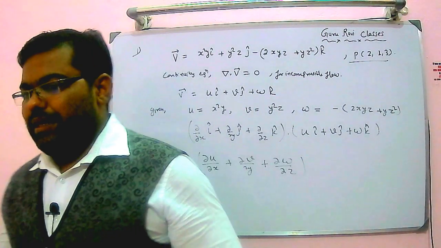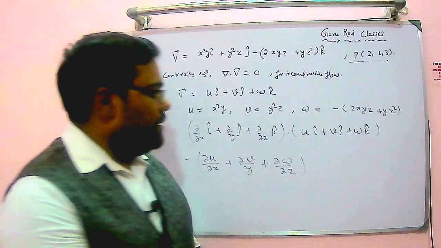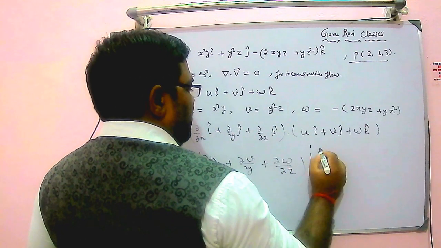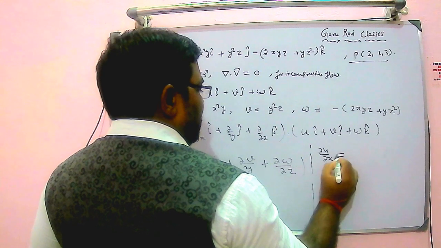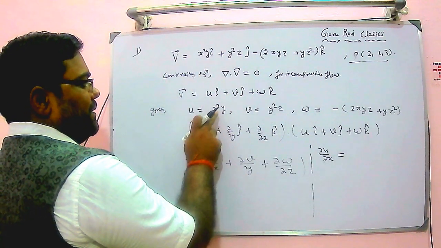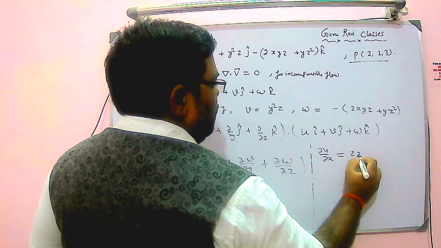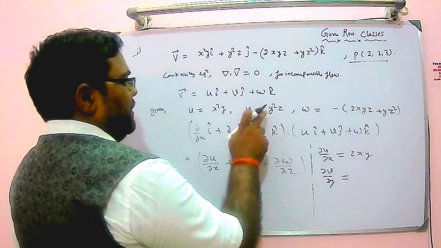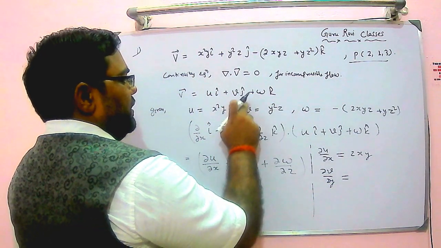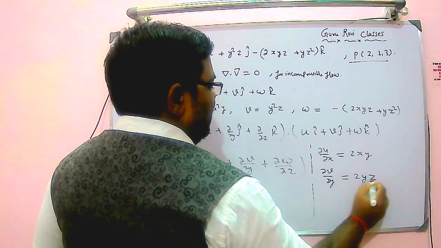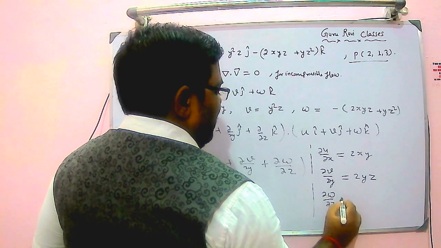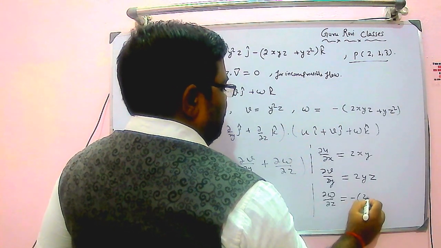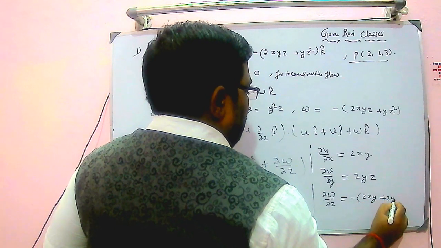So now we simply differentiate the velocity components one by one. ∂u/∂x: differentiating u with respect to x, I get 2xy. ∂v/∂y: differentiating with respect to y, you get 2yz. ∂w/∂z: differentiating with respect to z, I get minus 2xy plus 2yz.